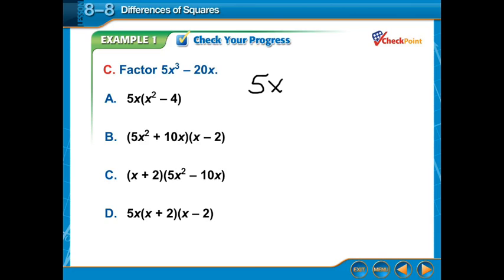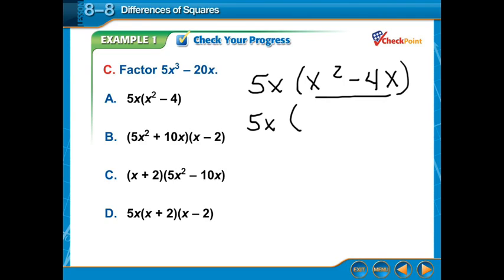What do I have to multiply times 5x to give me x cubed? Well, I'll need an x squared minus a 4x. Now, this is the difference of two squares. So keep your 5x, and the square root of x squared is x plus 2.